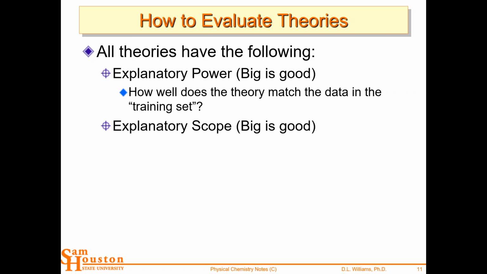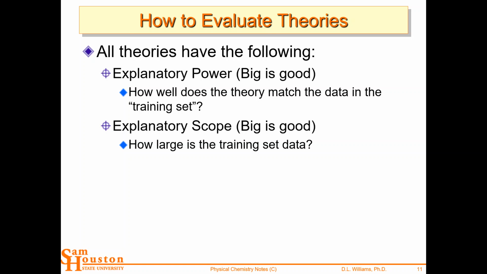Okay. And then explanatory scope. So how large is the training set? How much data do you have? If you just have 3 experiments, and like in this situation, we just have water. I've just shown you 2 spectra of water, but this goes on and works for dozens and dozens, or I don't know, many, many more molecules.